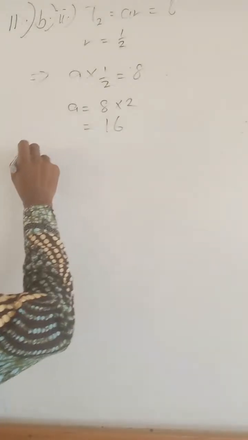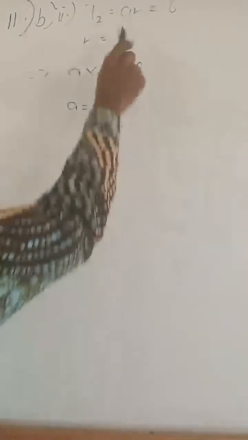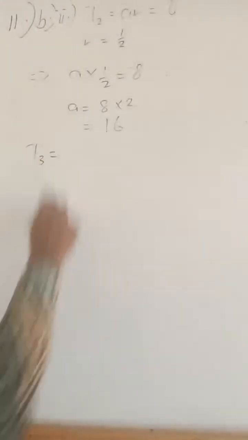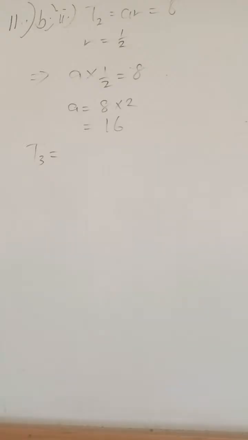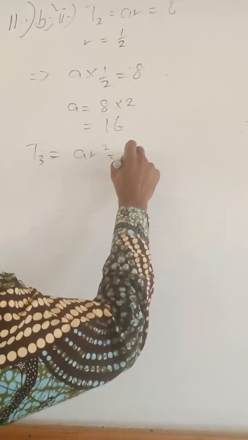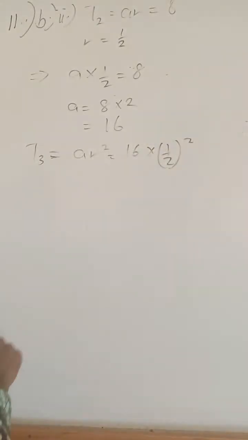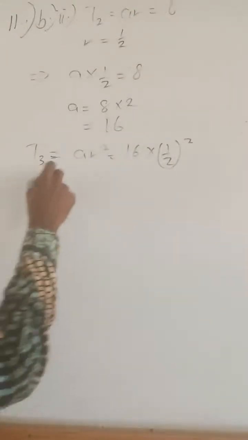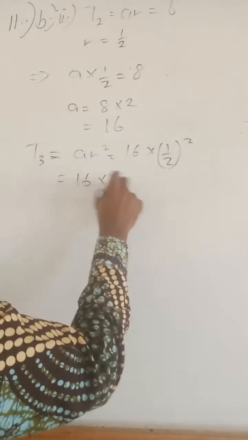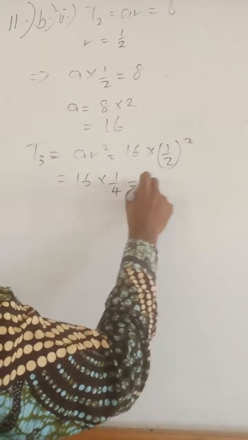The second term is 8, it's been given already. And so the third term, T3, is ar², which is 16 times (1/2)². That's 16 times 1 over 4, which gives you 4.